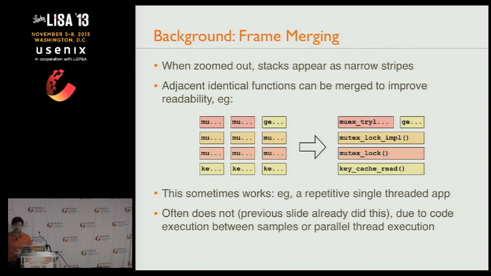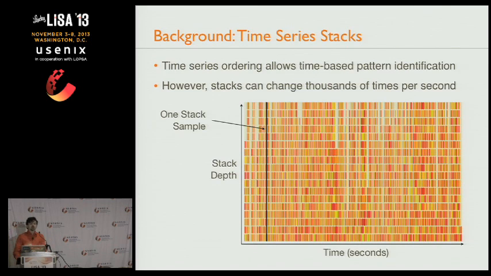So if I had those three columns, it could look like this. That's much better than just these narrow stripes. That sometimes works. If you had a repetitive single-threaded app, that often doesn't work with multi-threaded apps, because the code path is changing so frequently. The previous slide was already doing merging, and I still can't make sense of it.